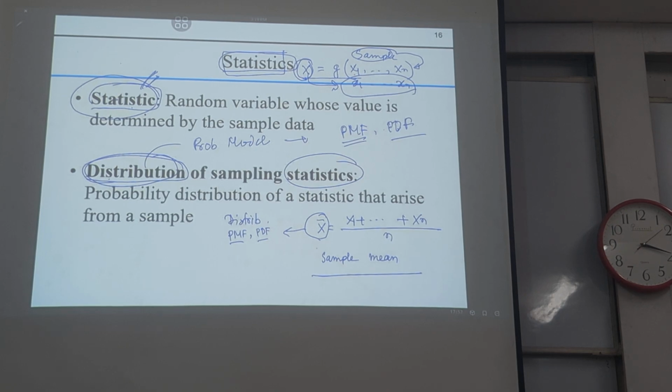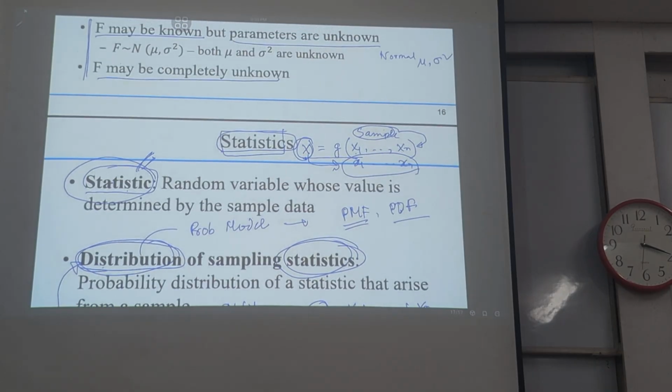Every time you collect a sample and divide it by n, you can have any values within a range. So most of the cases it will be a continuous random variable, and we will have a PDF. Now can anyone tell what will be the PDF of x bar? This PDF of x bar is the distribution of this statistic.